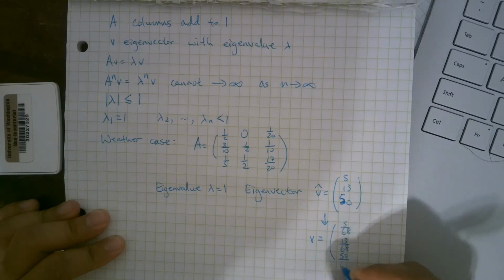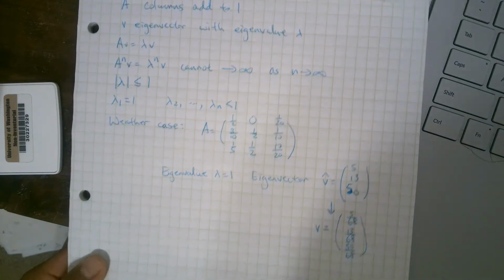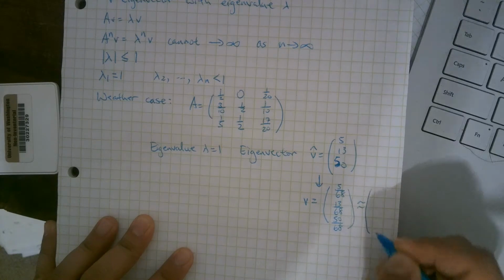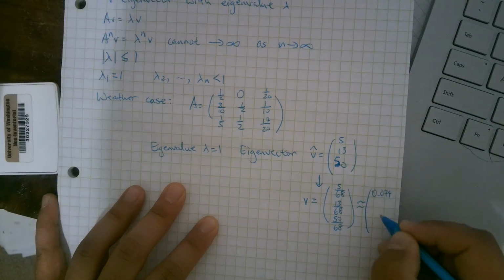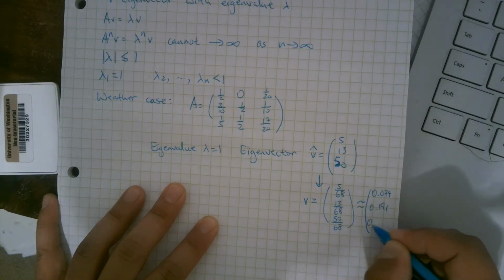50 over 68. And by the way, okay, so this is about 0.074, 0.191, and 0.735.